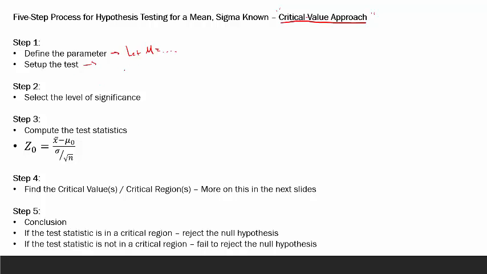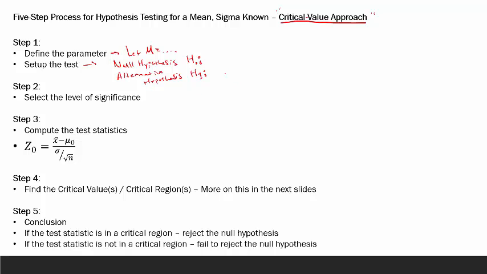And then you're going to have to set up the test. What that means is you're going to need to define your null statement, your null hypothesis, and you're going to need to define your alternative, what H1 is.